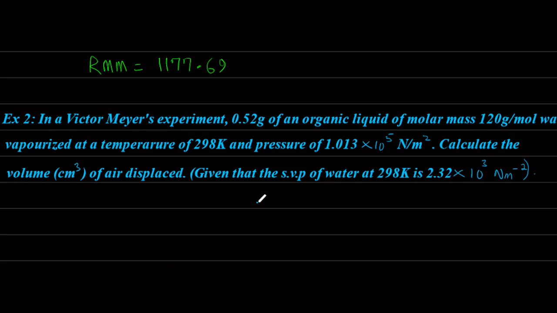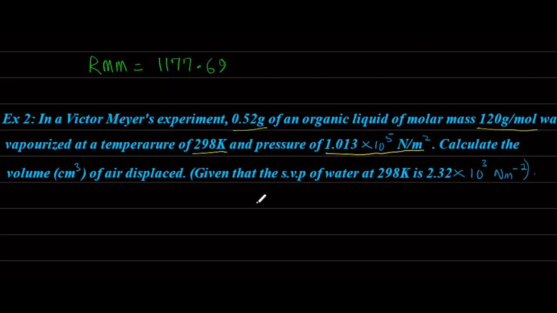Now let's look at the second example that we can see on the screen here. The question says, in a Victor Meyer's experiment, 0.52 gram of an organic liquid of molar mass 120 gram per mole was vaporized at a temperature of 298 Kelvin and pressure of 1.013 exponential 5 Newton per meter square or Pascal.